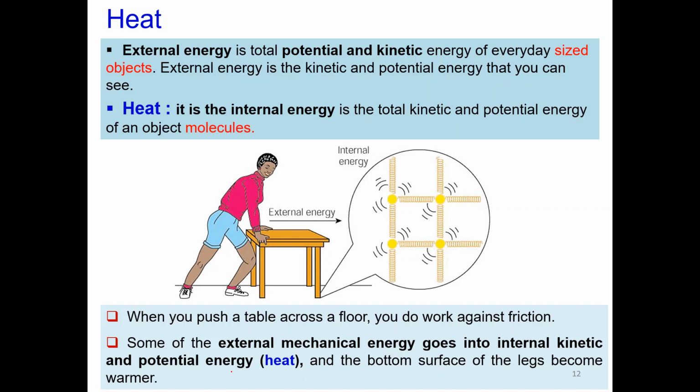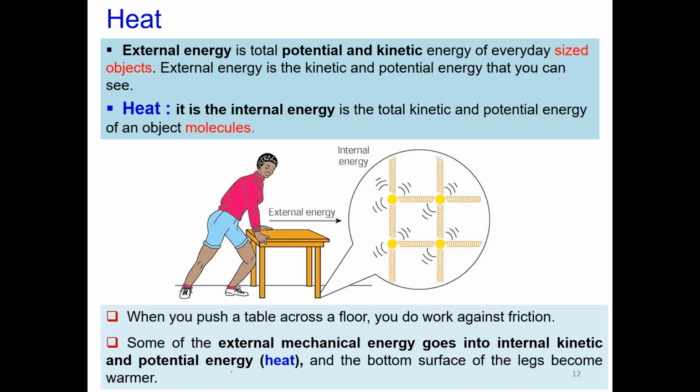Now let's talk about heat. When something is moving, we say that object has kinetic energy, and when it is high with respect to some reference point, we say that object has potential energy.